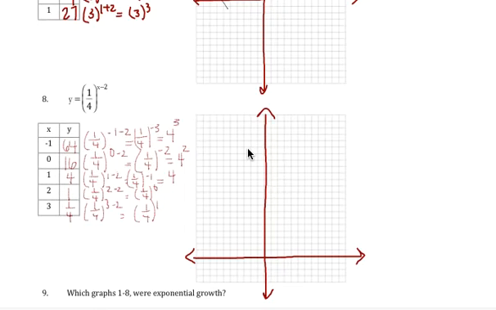So we can still count by ones. There's 0, 16. 1, 4. 2, 1. And 3, 1/4.